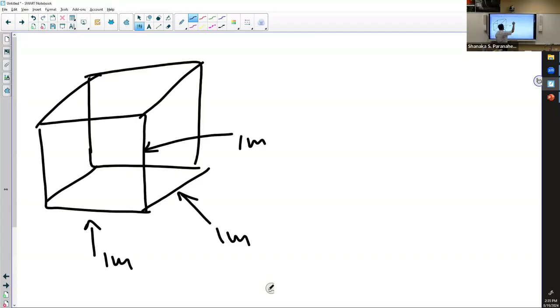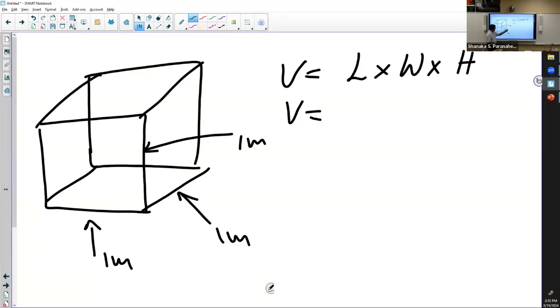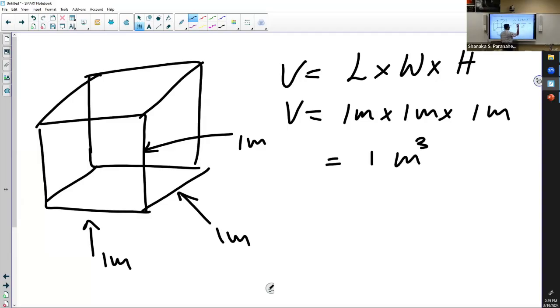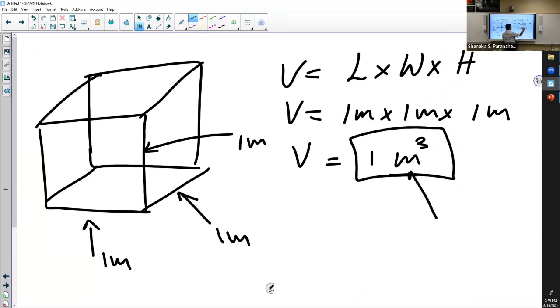From our math class, you know the volume of a cube is length times width times height. So it's 1 meter times 1 meter times 1 meter. 1 times 1 times 1 is 1, and meter times meter times meter is meter to the power 3. So the volume of this cube is 1 cubic meter. This is the SI unit to measure volume.